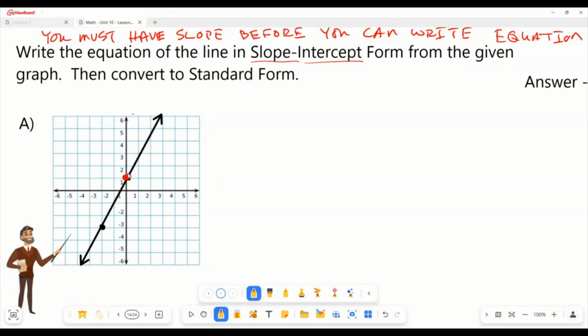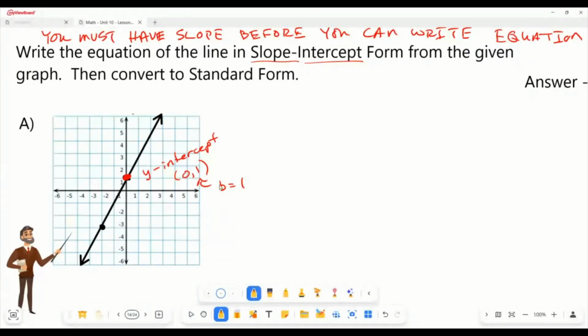Nobody knows what that is? It is the y-intercept. Intercept means to cross. So the y-intercept of this line is the point 0, 1. That means that is B.